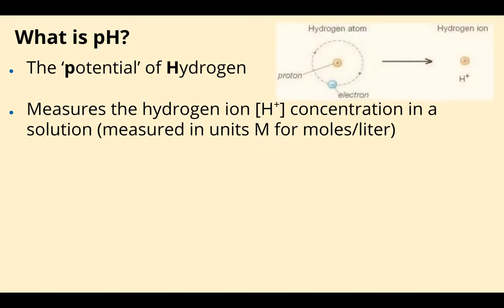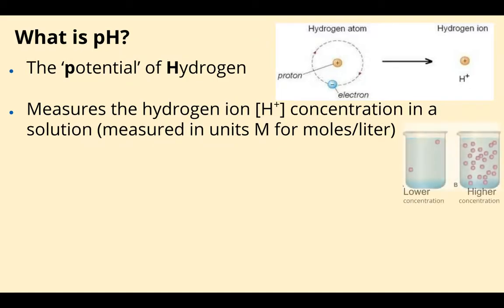So just as a review, a hydrogen ion is a hydrogen atom that has lost an electron. And as a result, all it really is is a proton, because a hydrogen atom was just a proton and an electron. And as a review for concentration, remember, that's how crowded the molecules are.